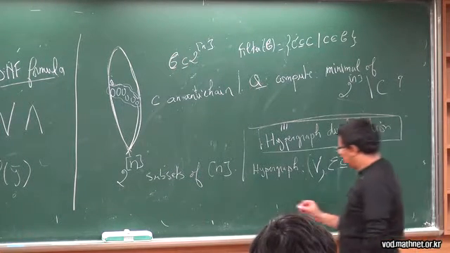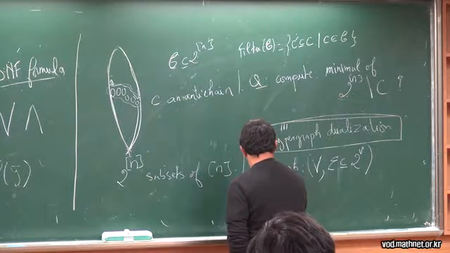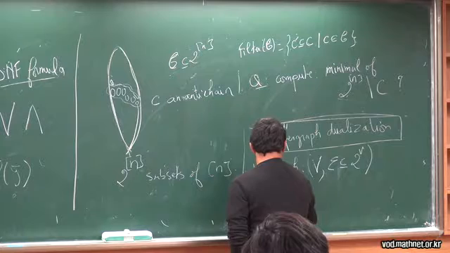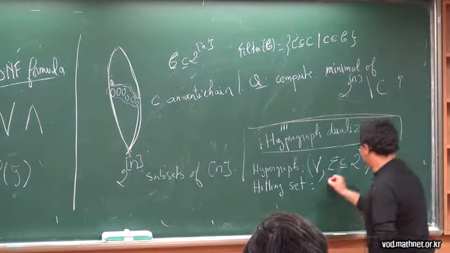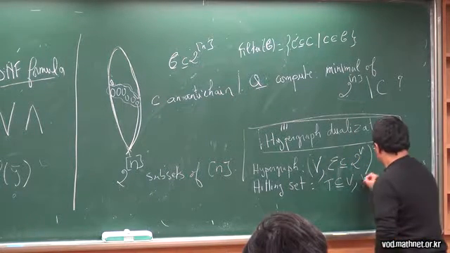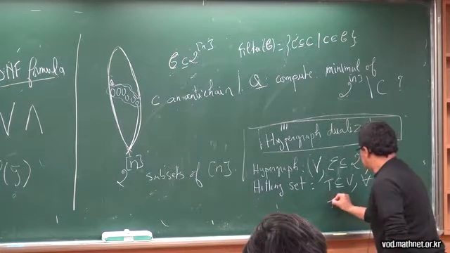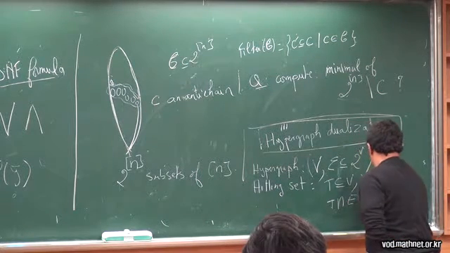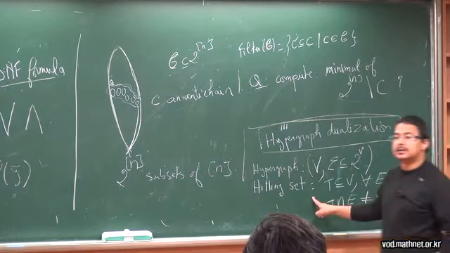Now a hitting set, or a transversal, is a T included in V such that for all E, T intersects E. So this is what we call a hitting set.